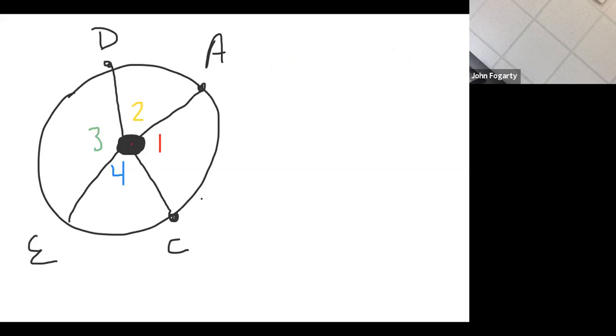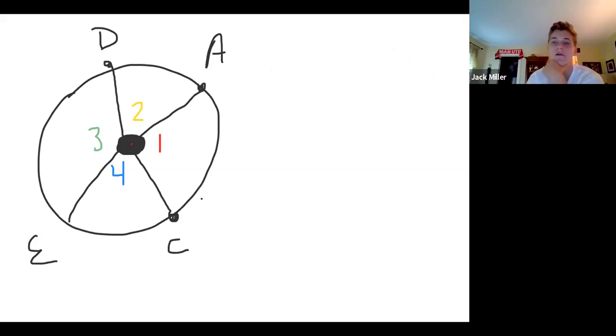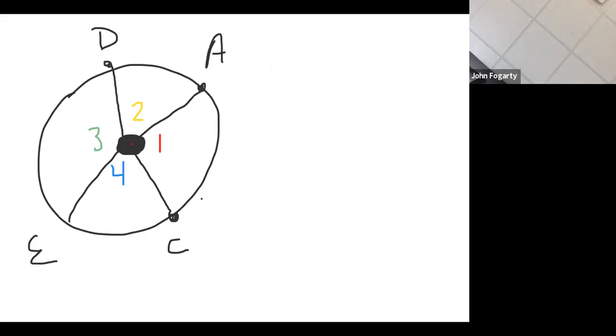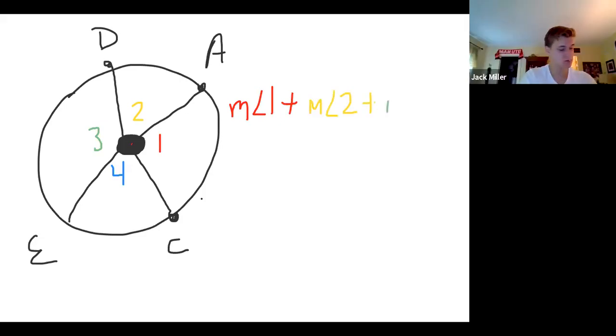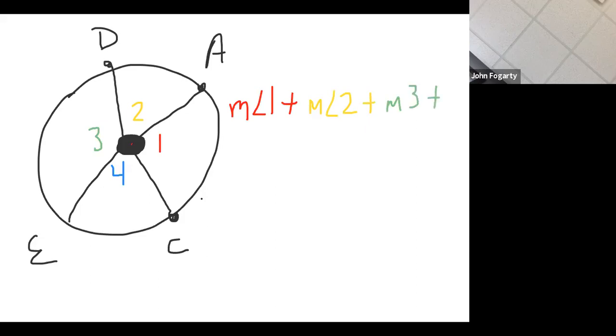Hey, fellas, how many degrees are in a full circle? 360. So what do you think is the answer to this question? The measure of angle 1 plus the measure of angle 2 plus the measure of angle 3 plus the measure of angle 4.